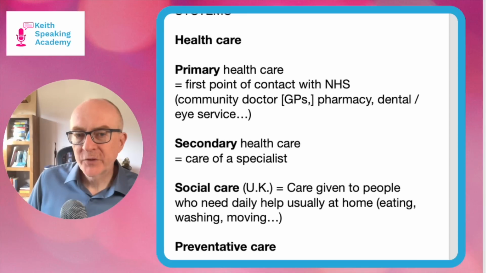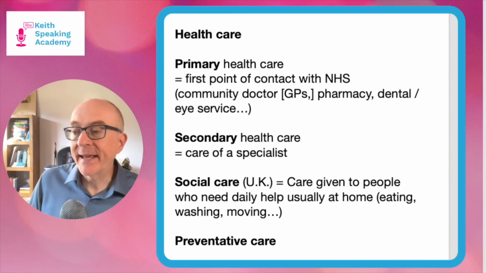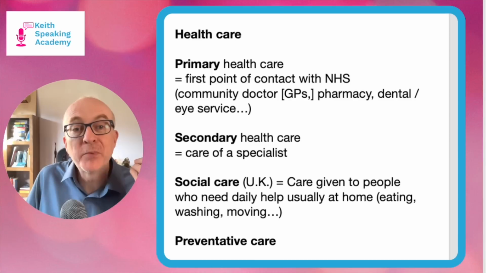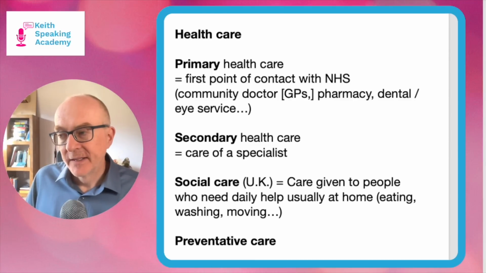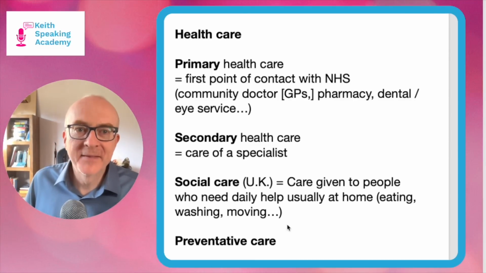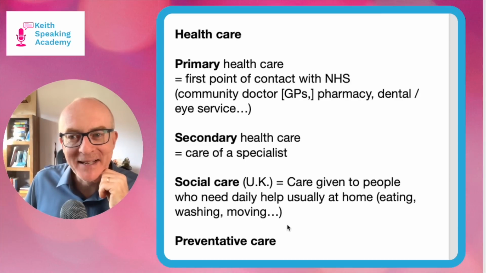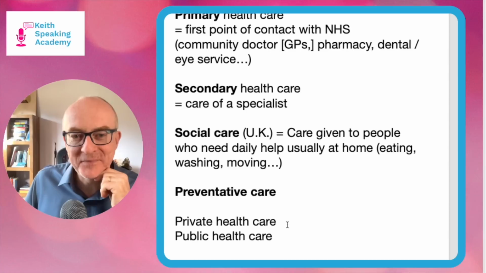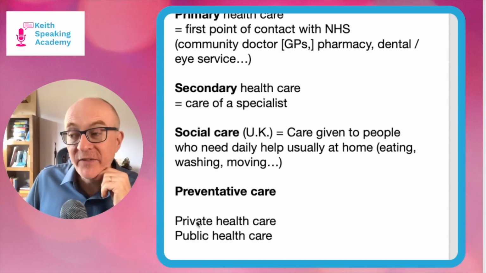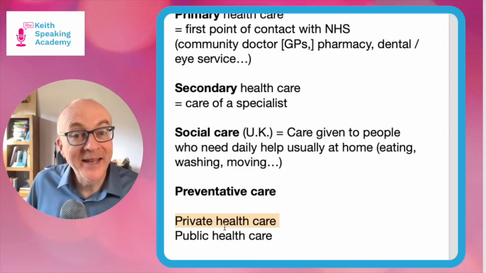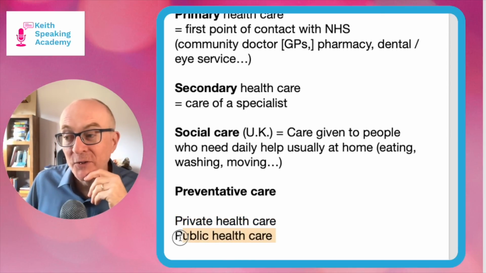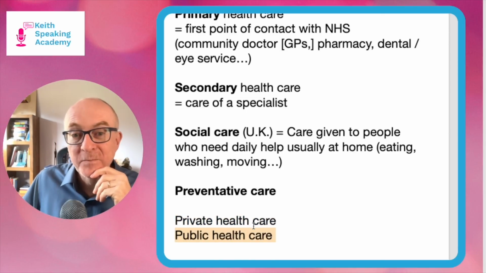So we've got social care and preventative care, right? Preventative care is to prevent disease. It's a big discussion in the UK, preventative care. Do we do enough? You've also, of course, got private healthcare and public healthcare. If you have money, you can buy private healthcare. If not, you go through the public healthcare system.